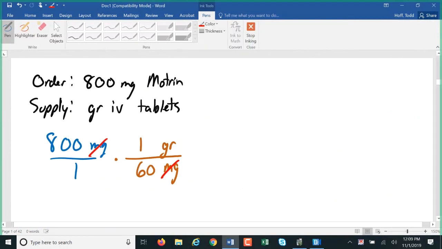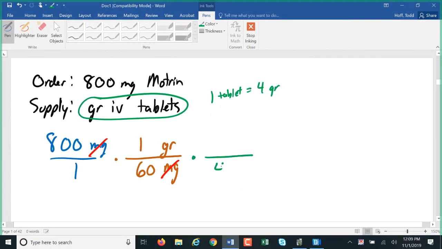Now we can go ahead and convert to tablets. This GR IV tablet is saying that 1 tablet is equivalent to 4 grains. So we're going to put the 4 grains on bottom so that the grains will cancel out. 1 tablet on top.